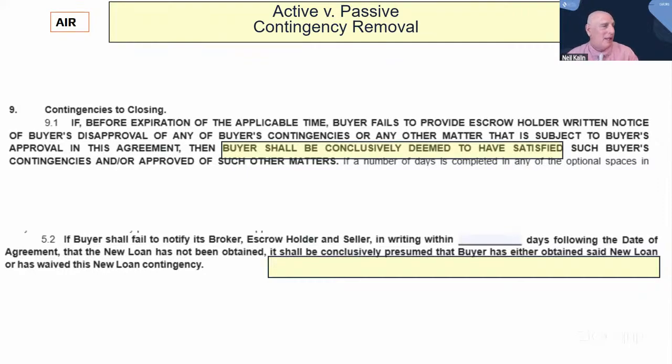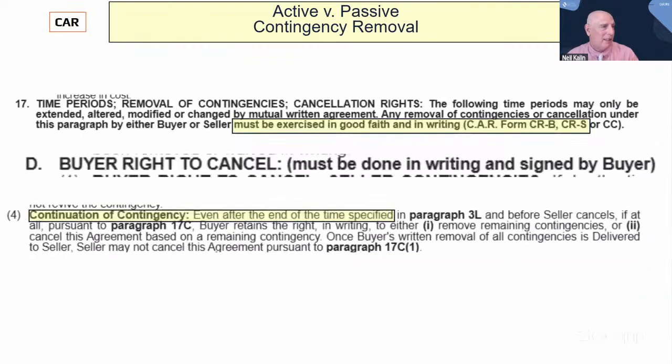And maybe you can go to our next slide and it'll help explain the active removal of contingency process that CAR uses. What CAR says is that a contingency must be removed in writing, otherwise it stays in effect. You see the paragraph there at the bottom of the slide, the continuation of contingency, even after the end of the time specified.